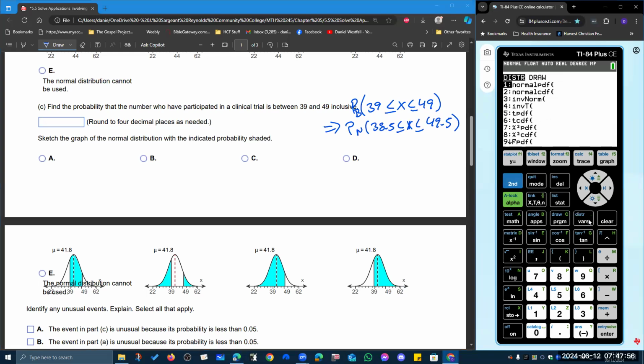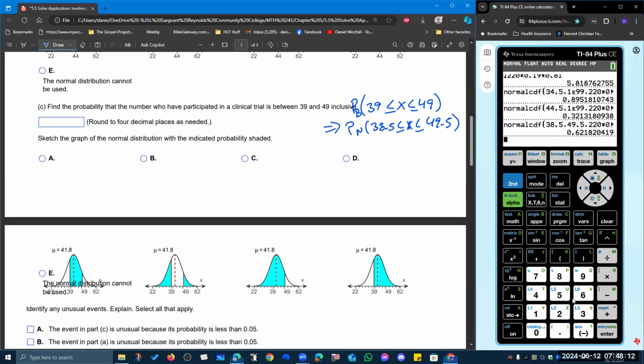Second distribution, normal, 38.5, 49.5, same mean and standard deviation, 0.6218.